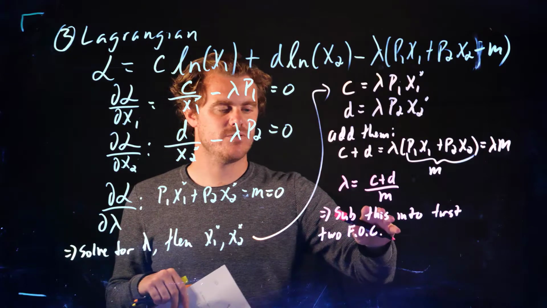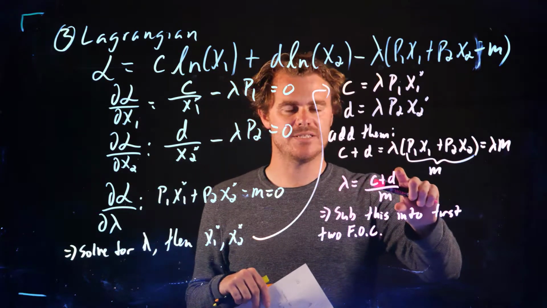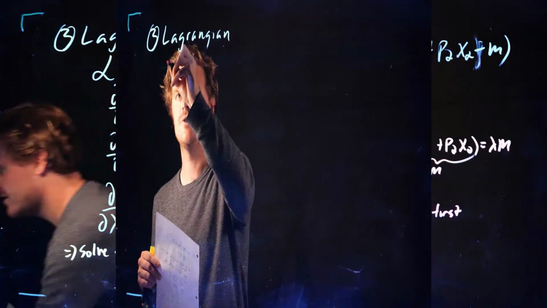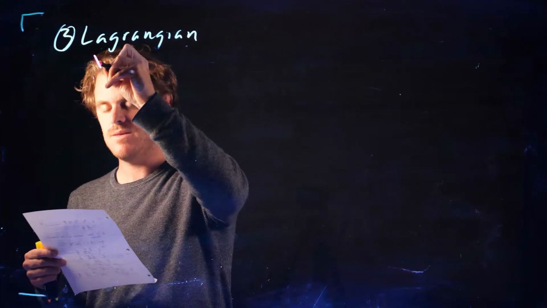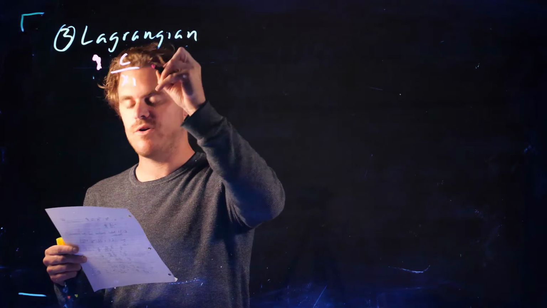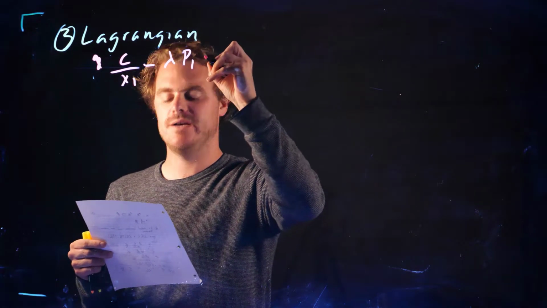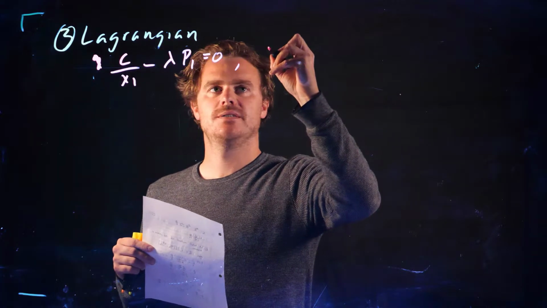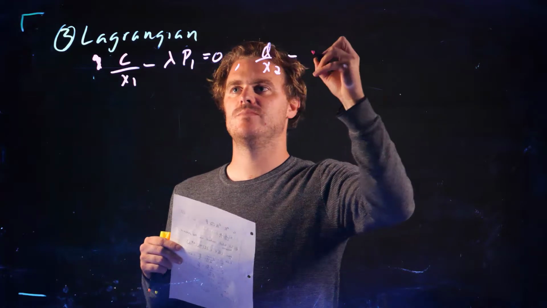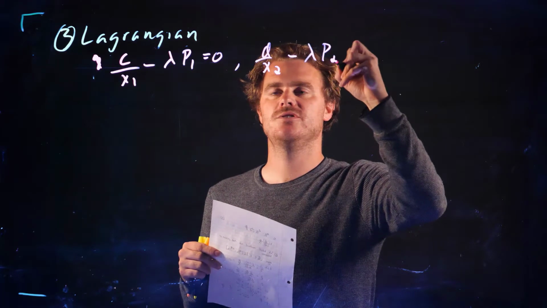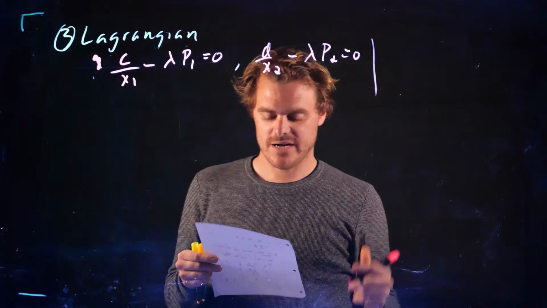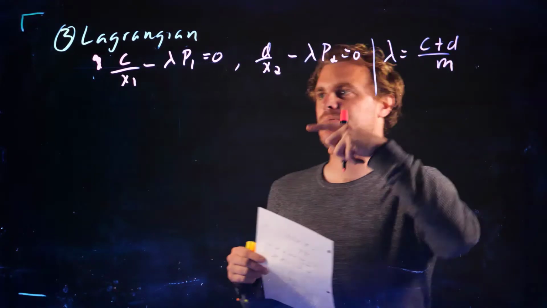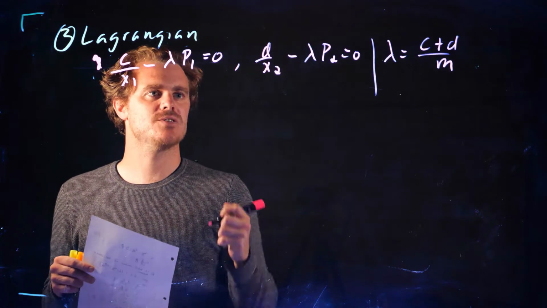So I'm going to quickly erase the board, and I'm going to sub in lambda equals c plus d over m into these first two conditions, where c over x1 minus lambda p1 equals 0, and d over x2 minus lambda p2 equals 0, and we just solved that lambda equals c plus d over m. So I'm just going to plug those in, and we can solve for x1, x2.